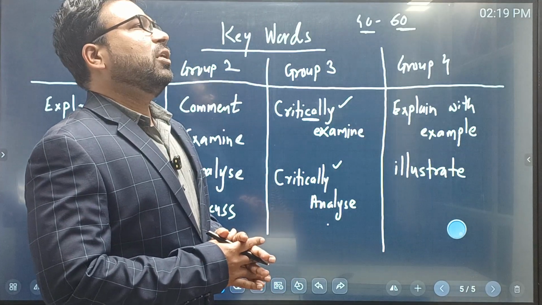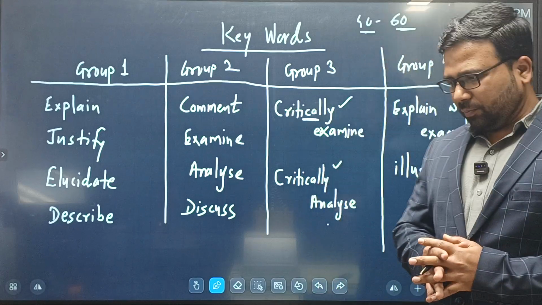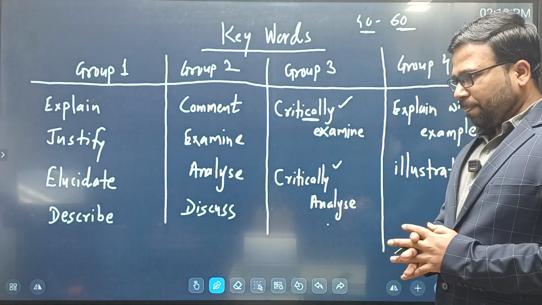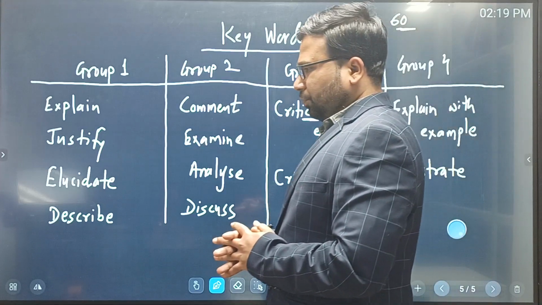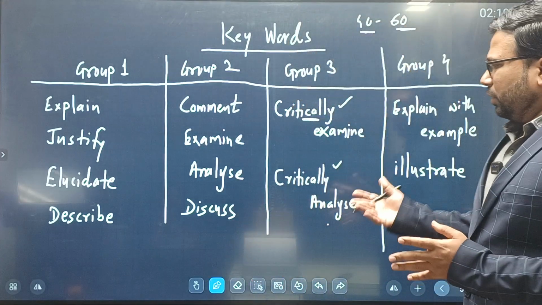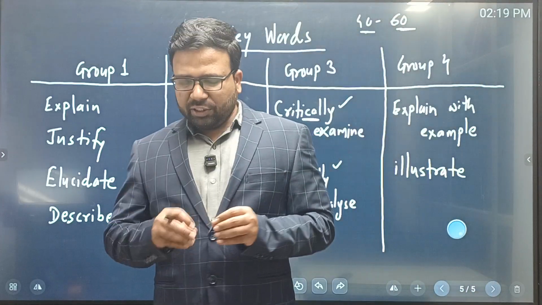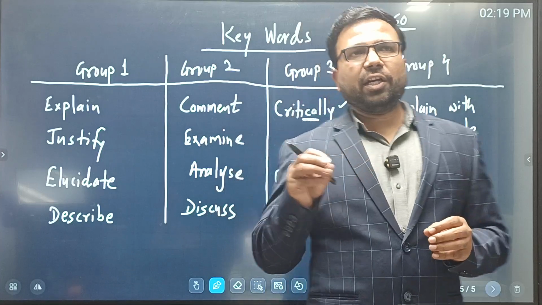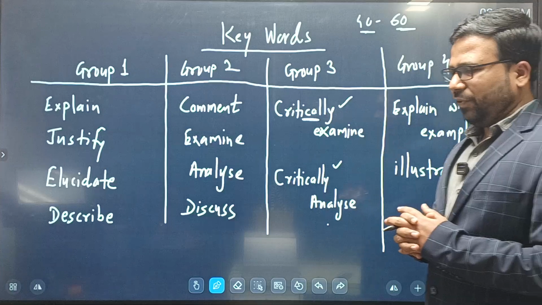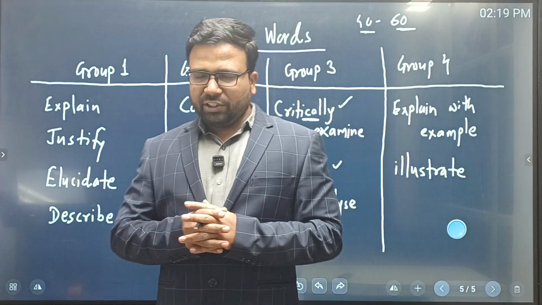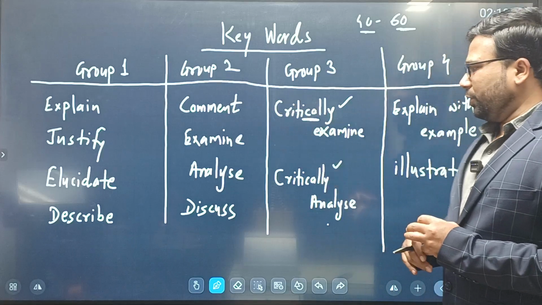For example, when we are writing answers on any particular scheme, a general point in answers related to governance is corruption. Corruption is a very common point we write whenever it comes to the criticism or critical analysis of any government scheme or policy.